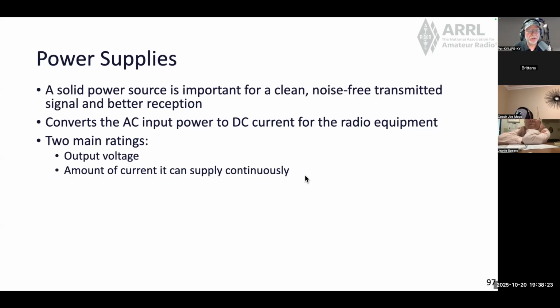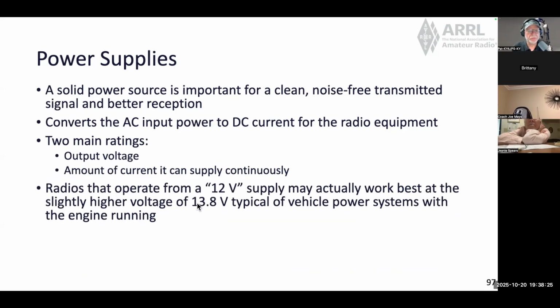You want to know the amperage that power supply can operate at. Radios operate from a "12 volt" supply but may actually work best at a slightly higher voltage of 13.8. That's typical of vehicle power systems when the engine's running.